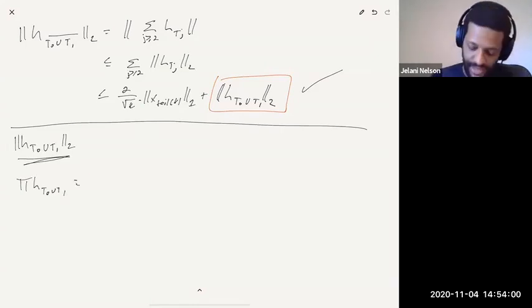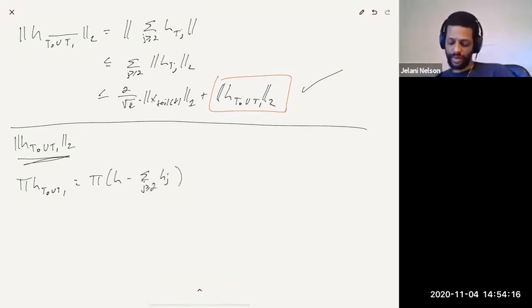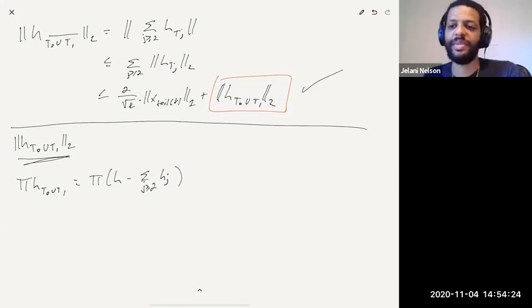the same thing as pi of h minus the sum over j at least 2 of h tj. What's pi times h? Anyone? Let me distribute this pi.